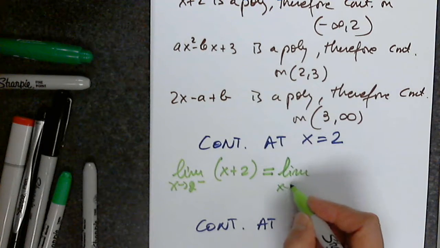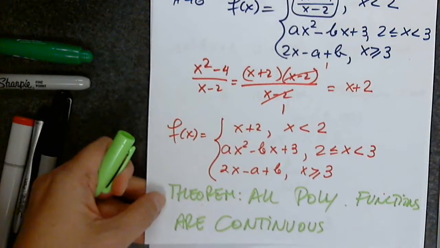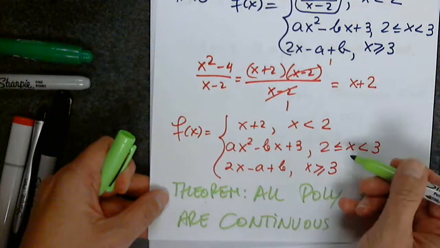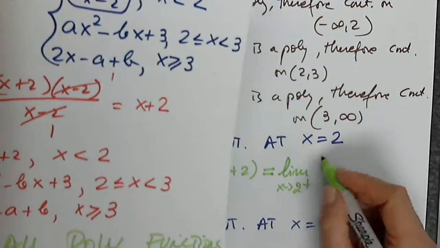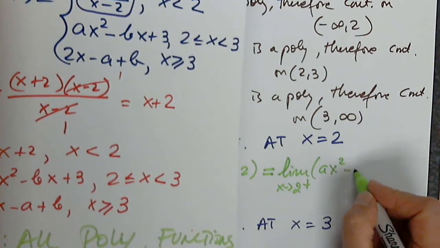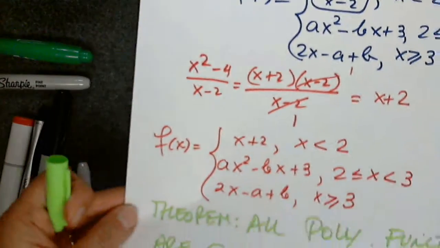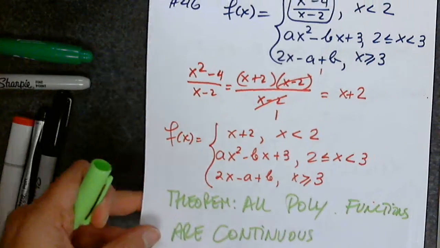Limit as x approaches 2 from the right. From what? From the right of 2. Very good. It must precisely equal, no question about that, what?